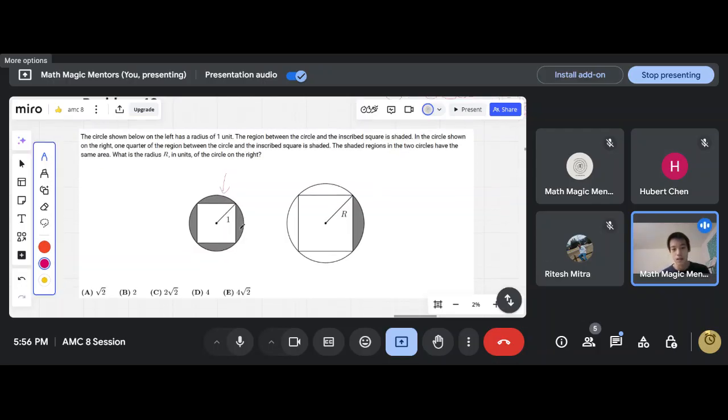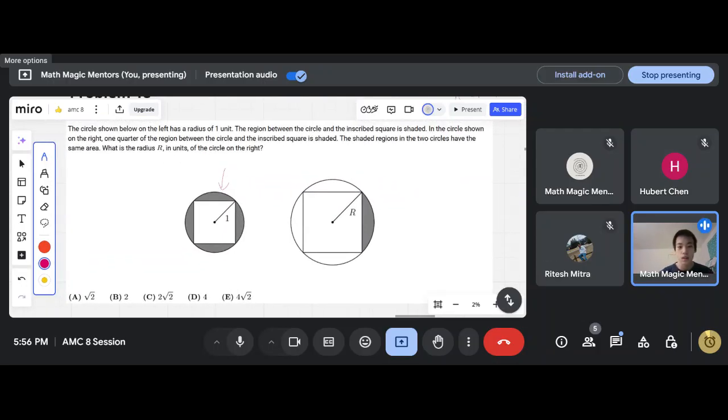There's always one key sentence that gives you the equation, so you can solve for what you want to find, like n or r or some variable. Here, the key sentence reads: the shaded regions in the two circles have the same area. So let's find the areas of the two shaded regions.